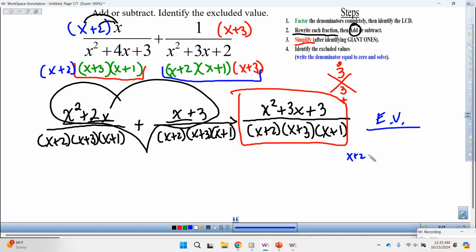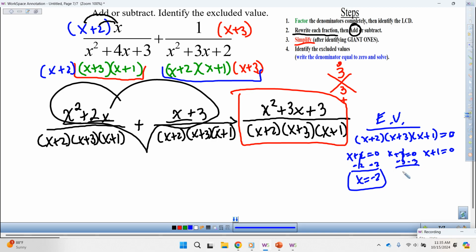X plus 2 equal to 0, x plus 3 equal to 0, and x plus 1 equal to 0. That is correct. The entire denominator. Don't skip steps. Let's write it out: x plus 2, x plus 3, and x plus 1, and all that equal to 0. And the next step that Elijah gave us was this, and then we just solve. Minus 2, minus 2, x equals negative 2. Minus 3, minus 3, x equals negative 3. Minus 1, x equals negative 1. Send me your work, please.